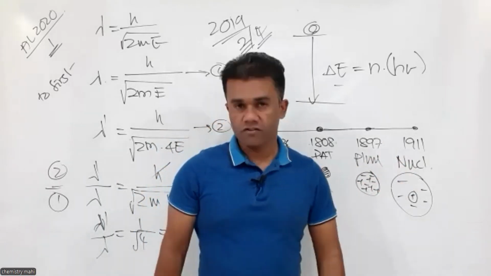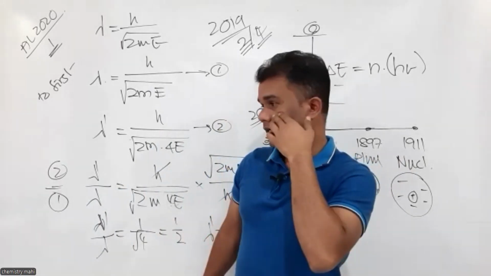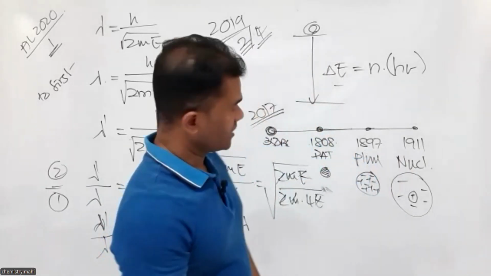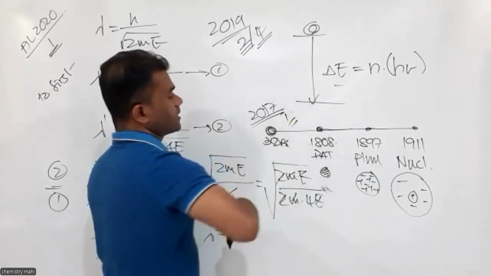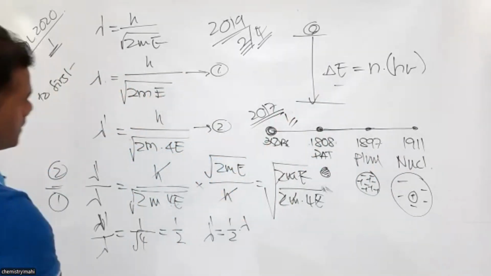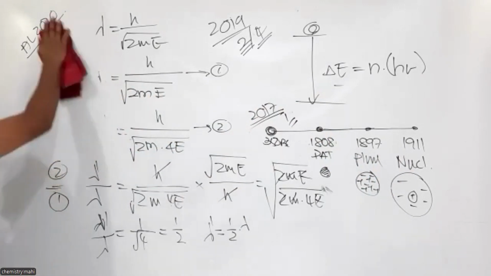Definitely Ernest Rutherford, because of the discovery of the nucleus. Ernest Rutherford is found in the first answer. Therefore, for 2017, the first question is the first answer. We continue this pattern for the others also, but here we don't need it. Got it? So it should be first.